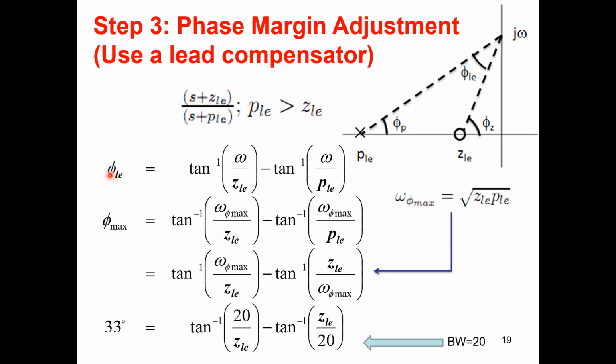Now I want to tell you something else. For lead compensators like this, because you know there's a maximum phase, this is the maximum phase lead, right? This minus this is this one. In trigonometry, you know that, right? Rather geometry.